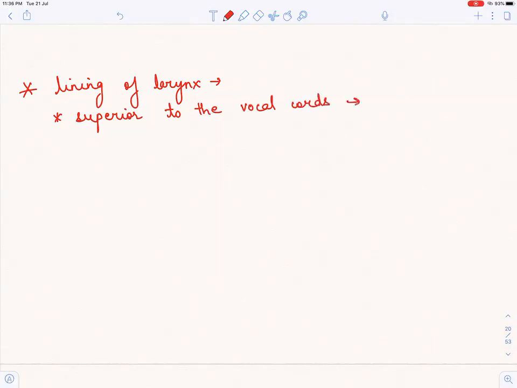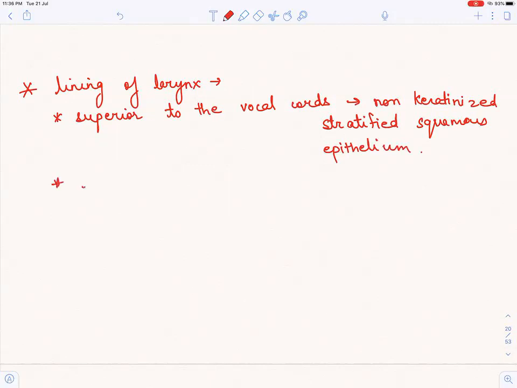It is non-keratinized, stratified, squamous epithelium. While the second part, inferior to vocal cords.